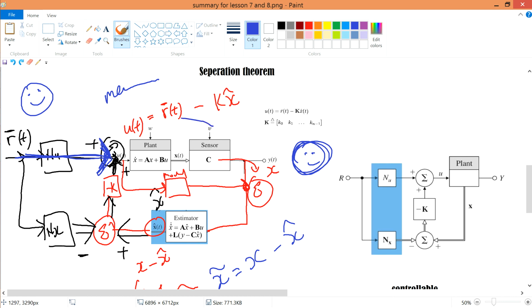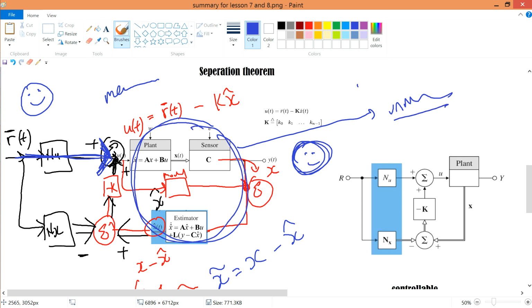This tool is unmeasurable, and therefore we use the observable one to measure and see what we can do. Once we have measured how the plant is behaving, then we can slowly control the plant.